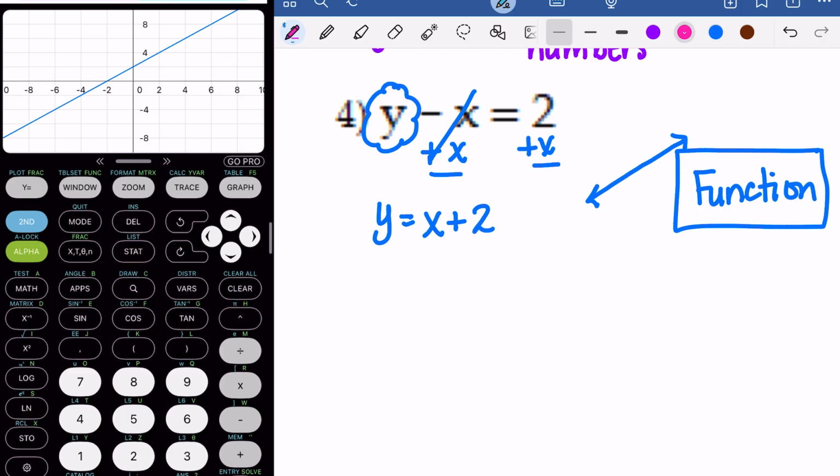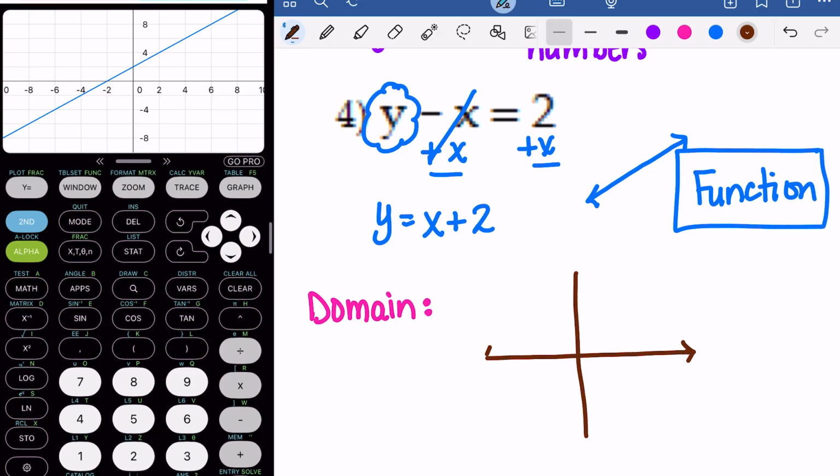Now I need to figure out, well, what is my domain? All right, well, the domain. If I look at this graphically, I'm going to put this down on my actual x and y axis so we can think about what's happening here. If I graph this, it's going here to here.